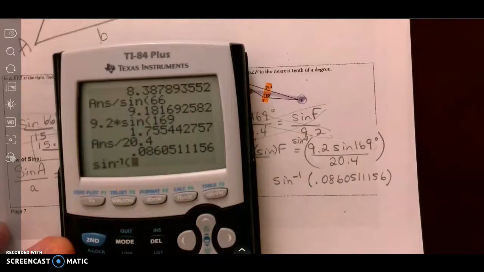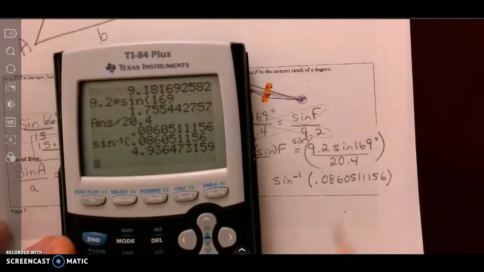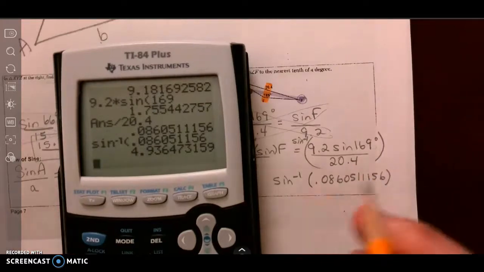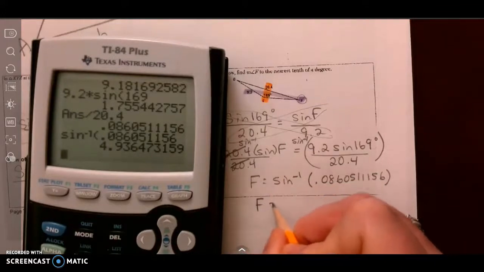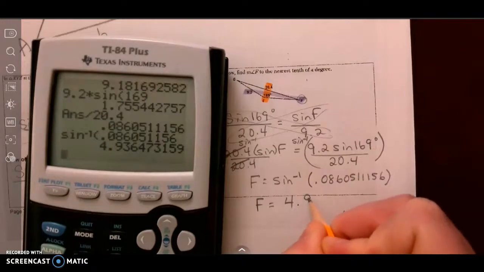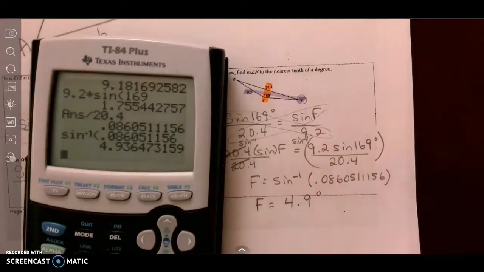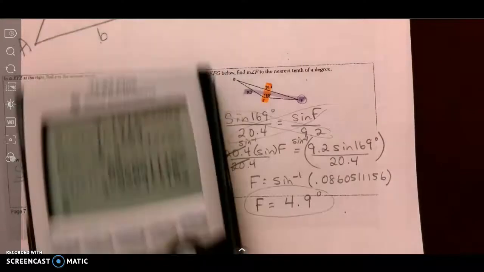Inverse sine of 0.086051156, and F equals, did it say, to the nearest tenth of a degree, 4.9 degrees. Okay, there's my answer.